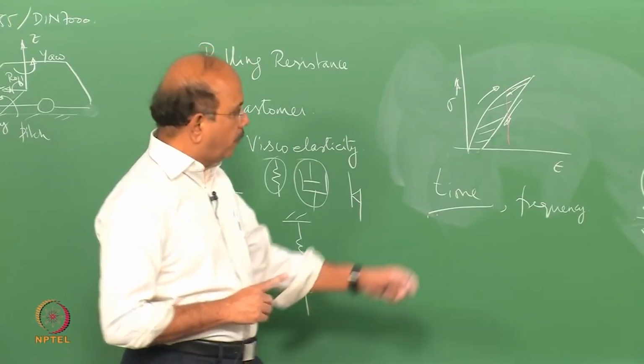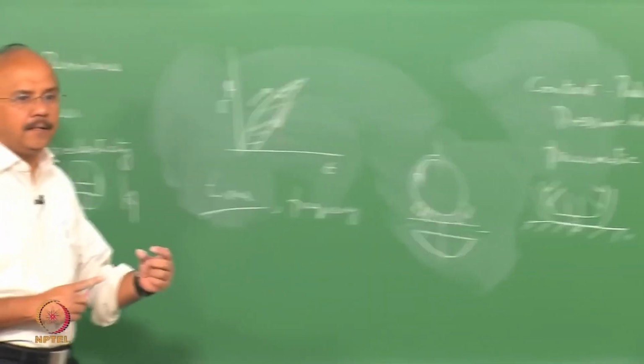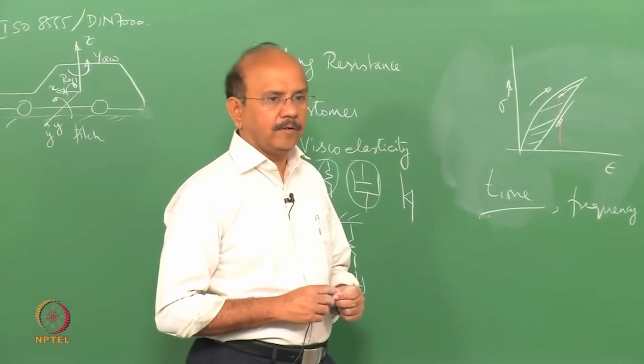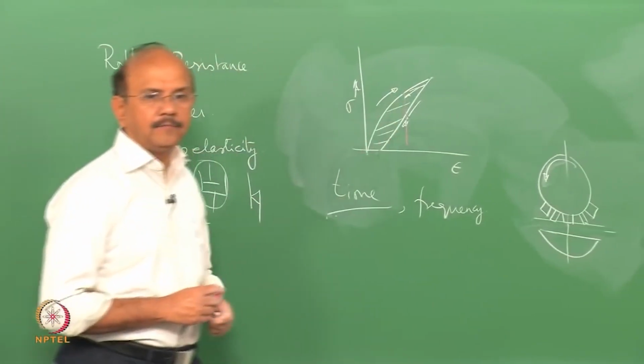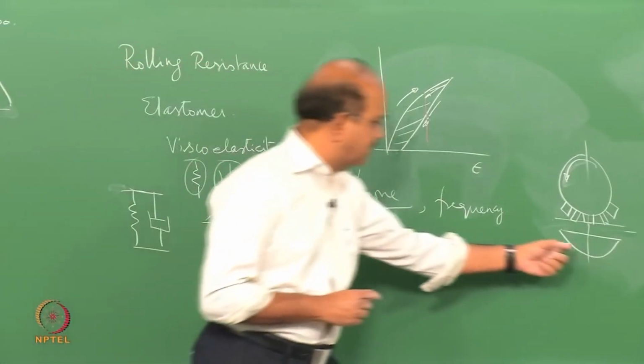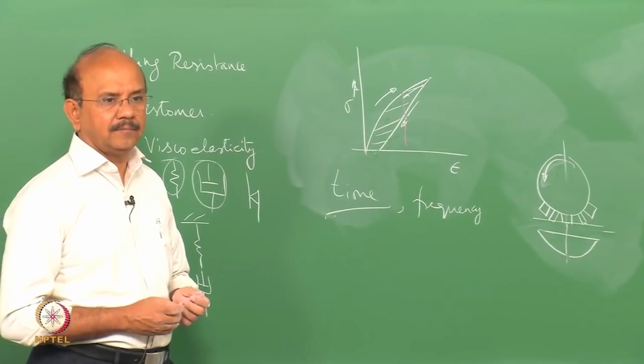Now we are talking about the pressure that is acting on the treads. Since for loading and unloading they are different, this curve cannot be symmetric.